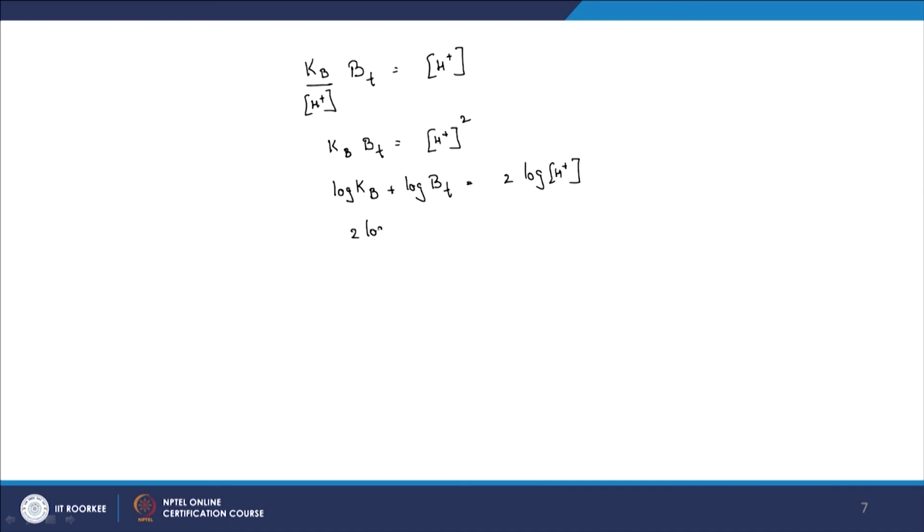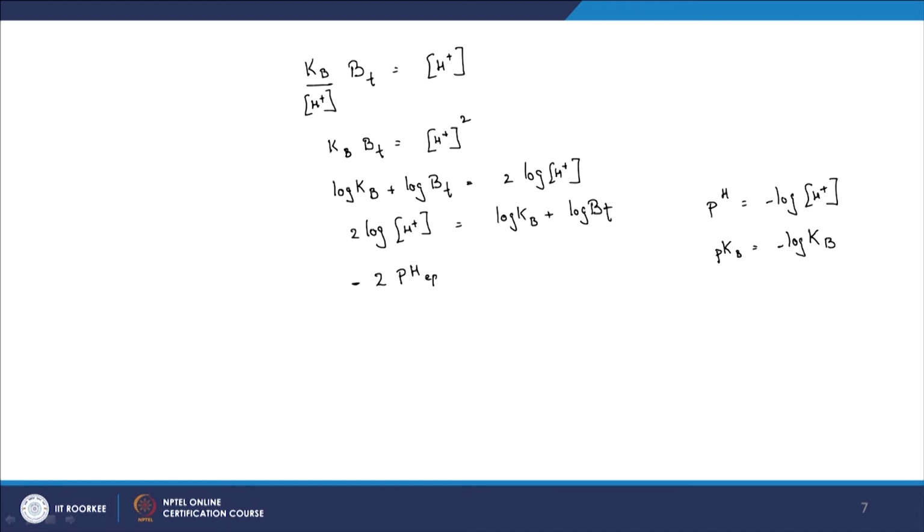So let us write that just to simplify my particular calculation here, log Kb plus log B total. And now we know that pH is equal to minus log concentration of H plus. We also know that we are applying pKb is equal to minus log Kb, right. So I am going to substitute those particular terms here. So it is going to be minus 2 pH at the equivalence point, right.